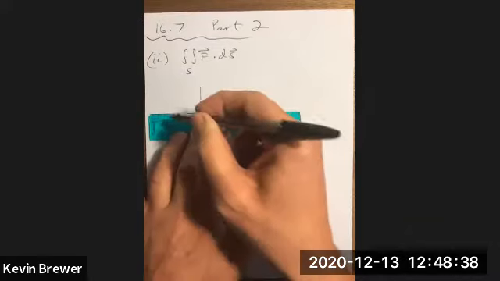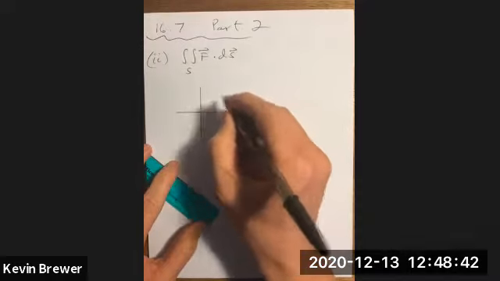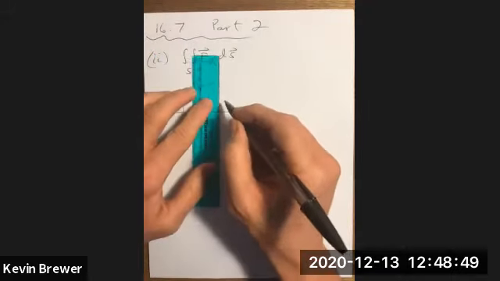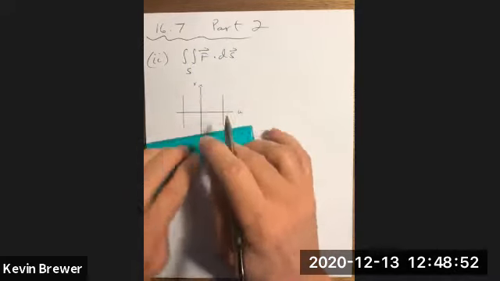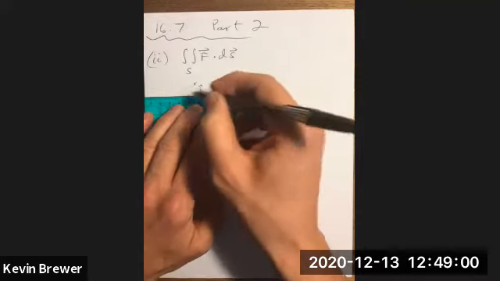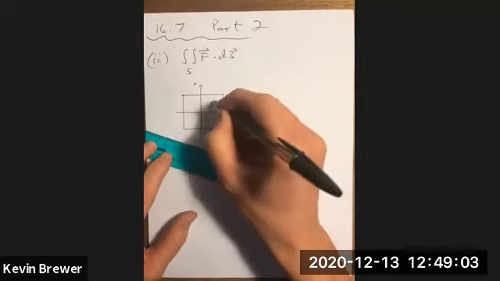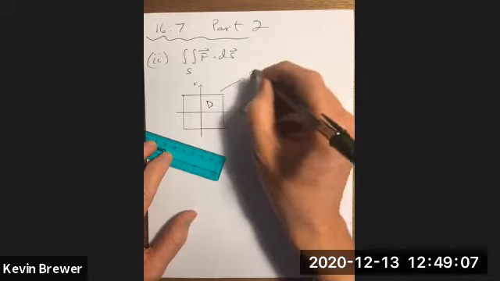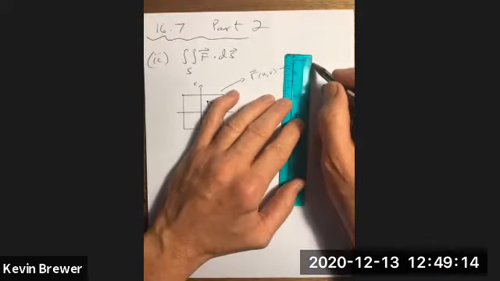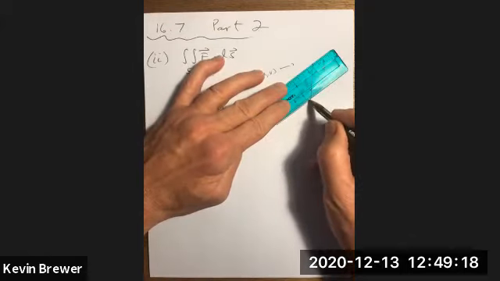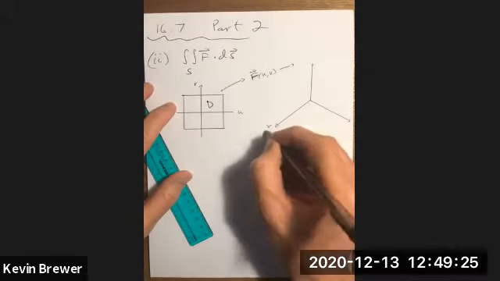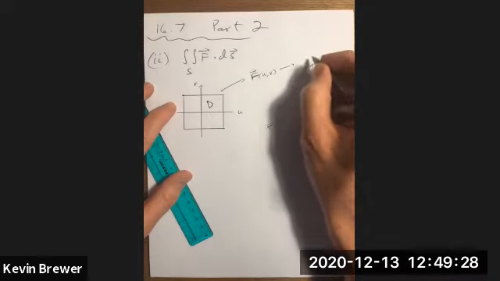We have a vector function going from the UV plane, say some region D over here, and it gets us to a surface in the XYZ coordinate system.